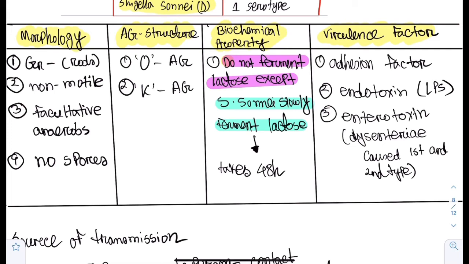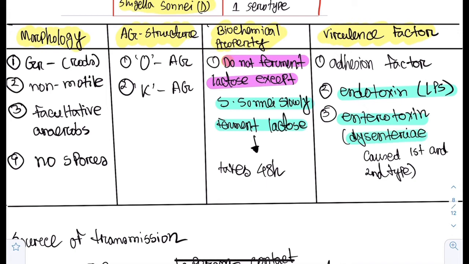And here is the virulence factor. We have learned that salmonella doesn't have any enterotoxin or exotoxin, but in shigella we have endotoxin, lipopolysaccharide, and enterotoxin, which causes dysentery.